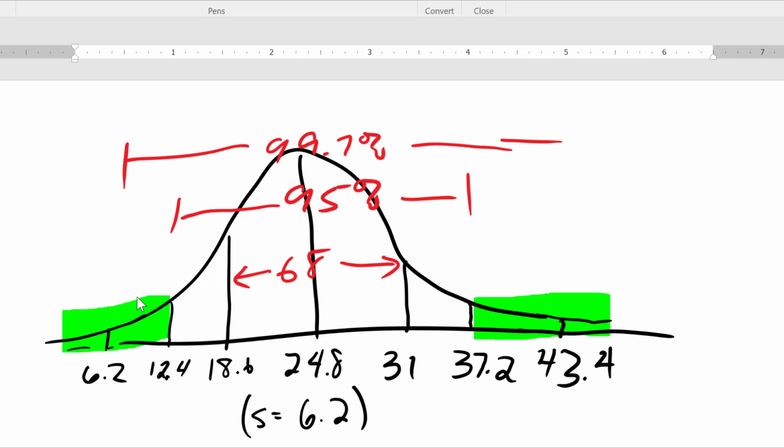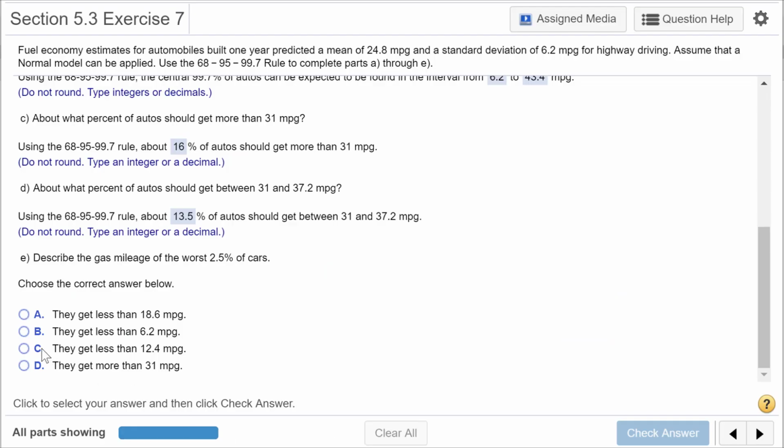If that's 95% and the whole thing's 100%, it leaves me 5% for both tails. So this bottom part is 2.5%. These are each 2.5%. So that bottom piece is below 12.4. They'd get less than 12.4.